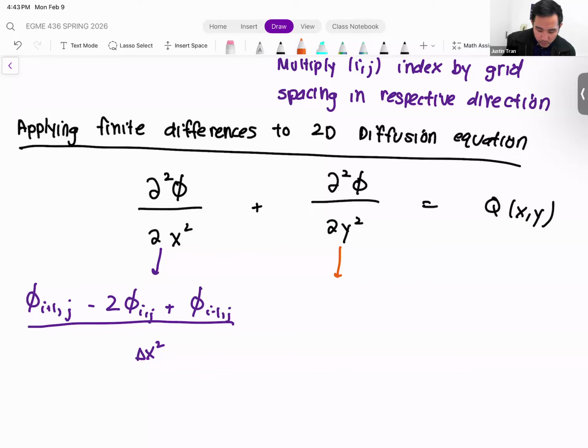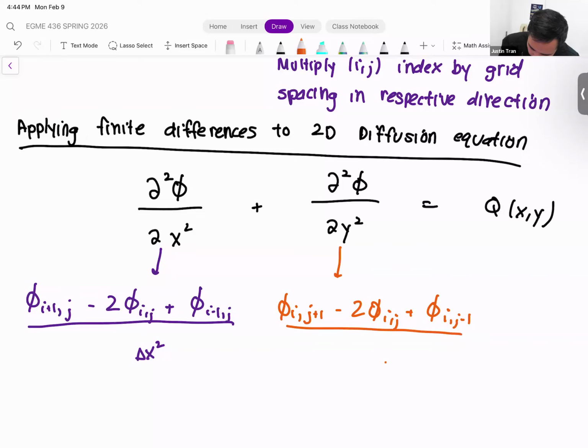And then for the y derivative, the finite difference has the exact same form, except we're modifying the index in j, because we're taking the derivative in the y direction. So this is phi i, comma j plus 1, minus 2 phi i, comma j, plus phi i, comma j minus 1, all divided by delta y squared.